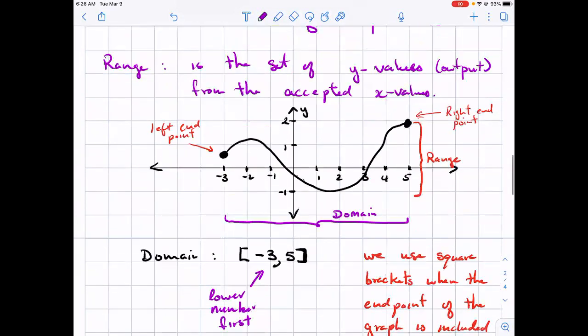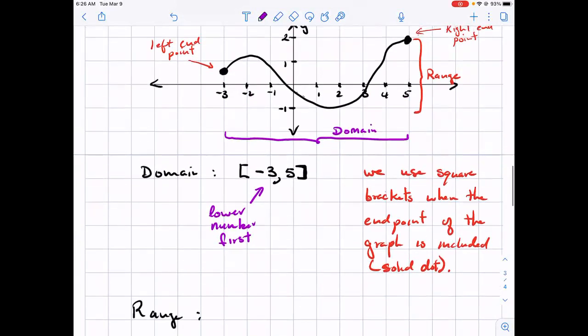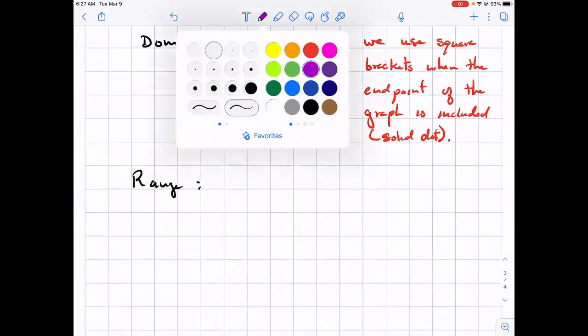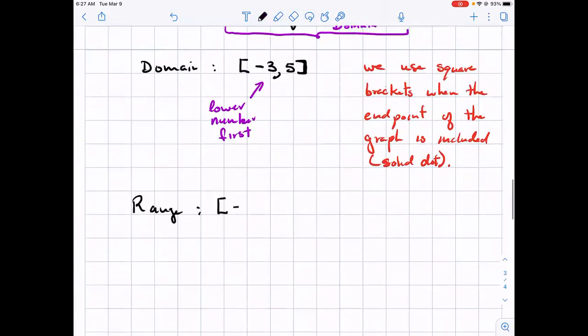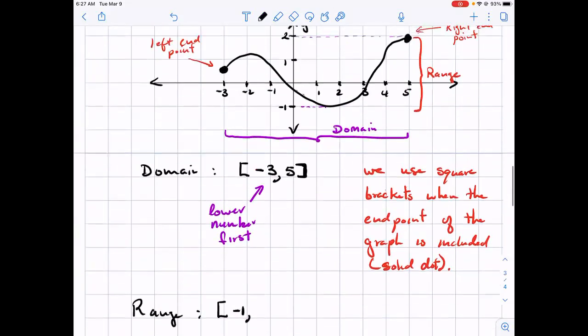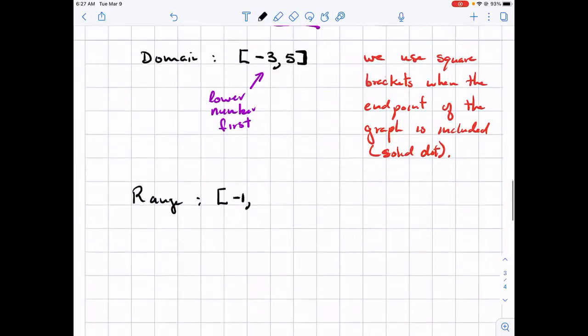So the lowest y value here is -1, and the highest y value we have is 2. So your range would be from -1, included because it was a solid dot, to 2. Okay.